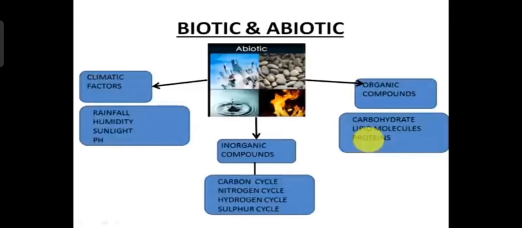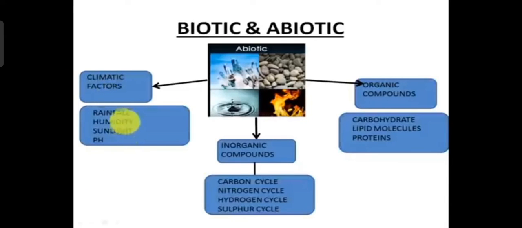Let's move ahead. Now we talk about abiotic components. Abiotic means non-living components, and these are also majorly of three types. One is climatic factors. What are climatic factors? Any change in climate, like rainfall.